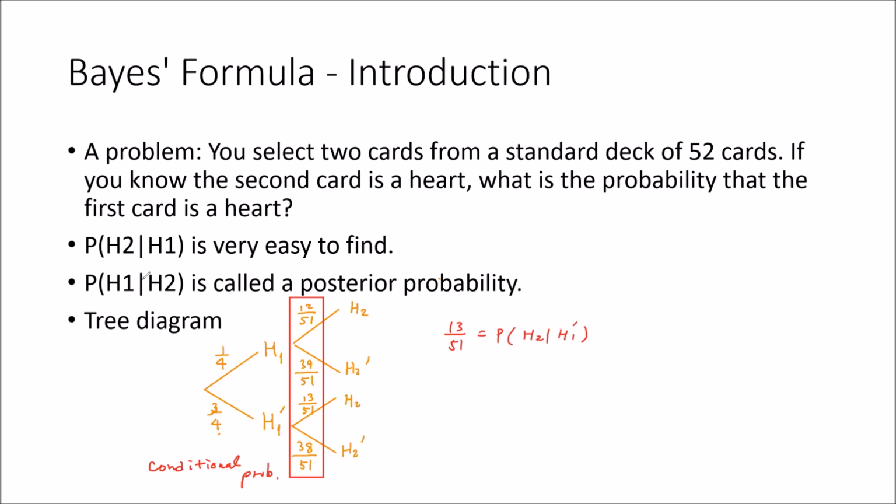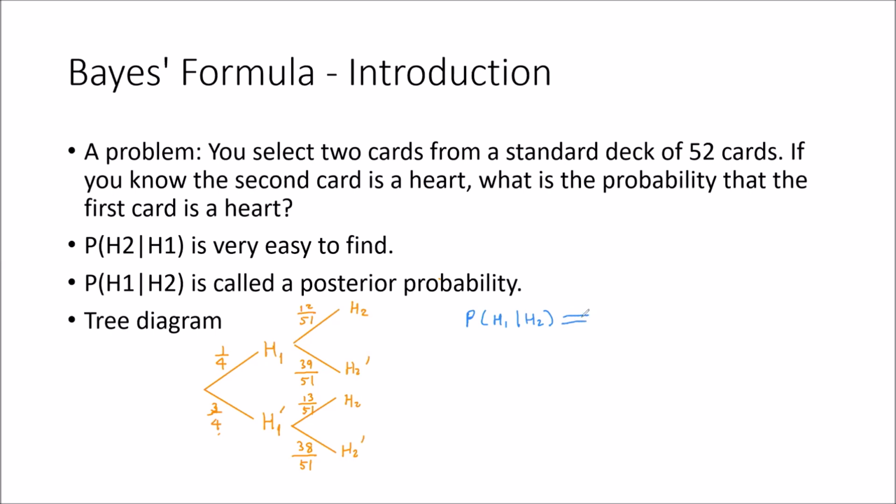Now let's try to find the probability in the problem. So how do we study that? We're looking for the probability of H1 given H2.